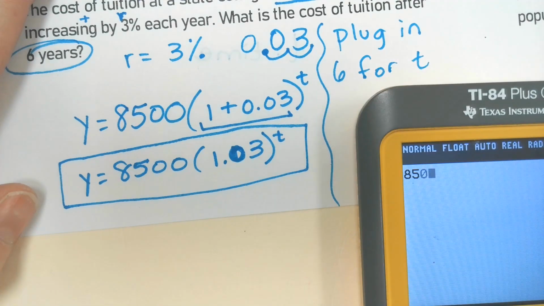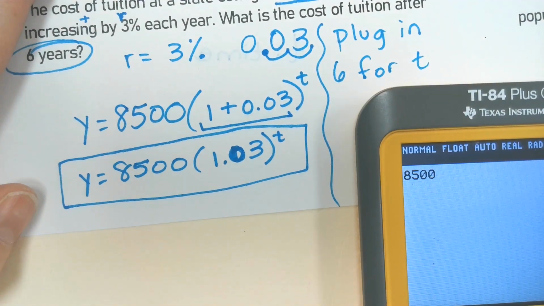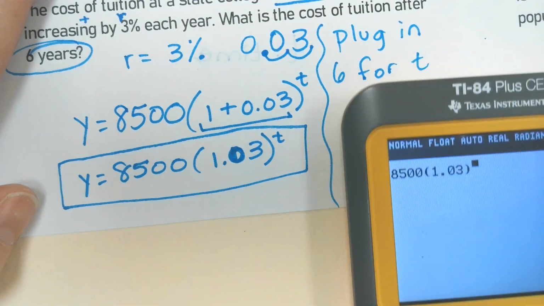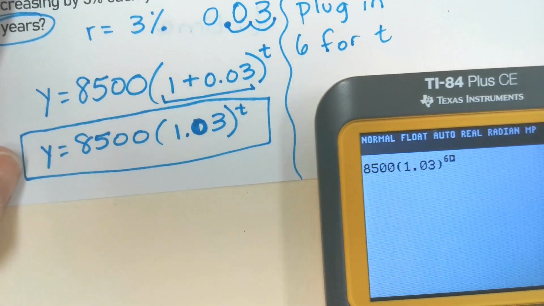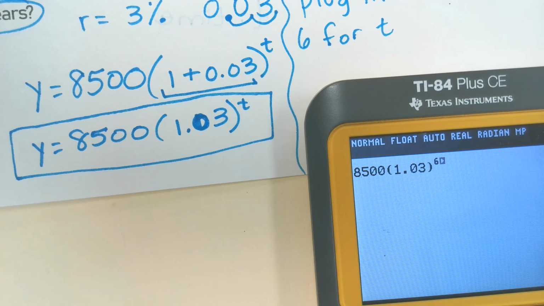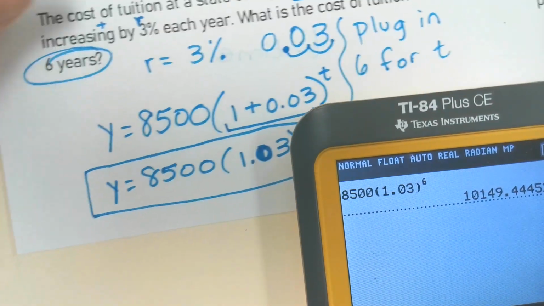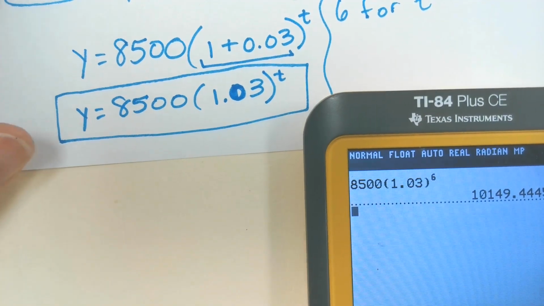So 8,500 times 1.03 raised to the 6. Make sure you know how to put this in the calculator. And it's dealing with money, so we are going to do to the nearest penny.